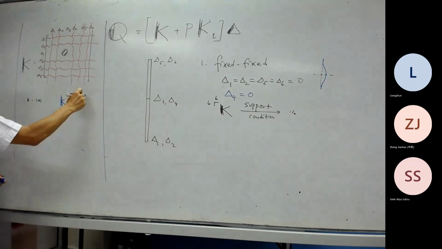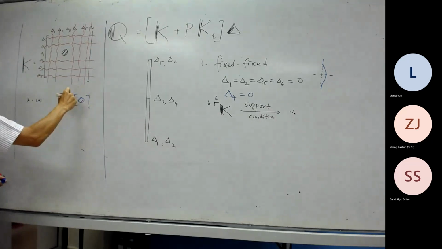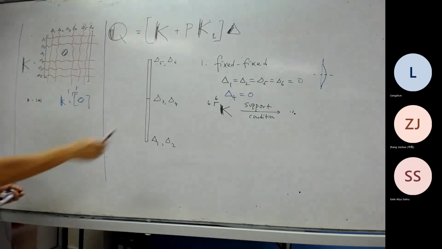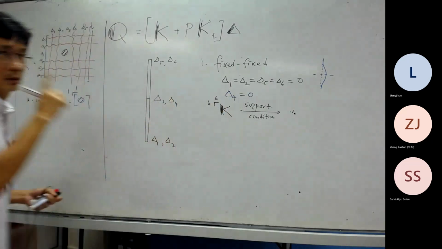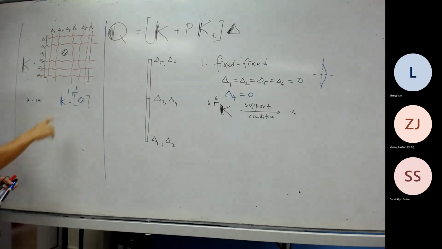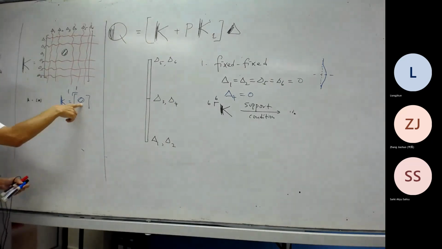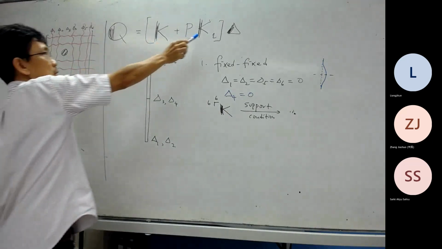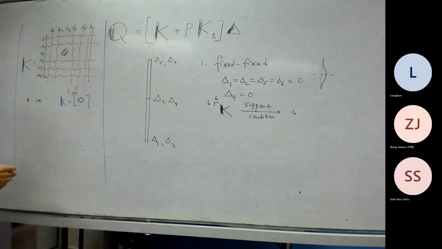There is only one row, one column, because your non-zero displacement is only 1. So once you have only this one, both of these, you have to take away the row and the column.